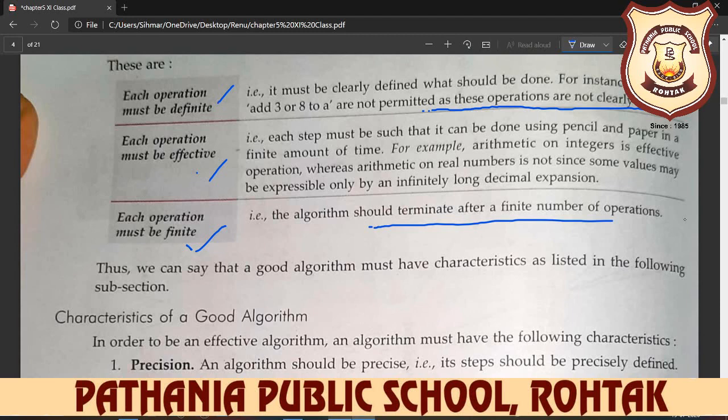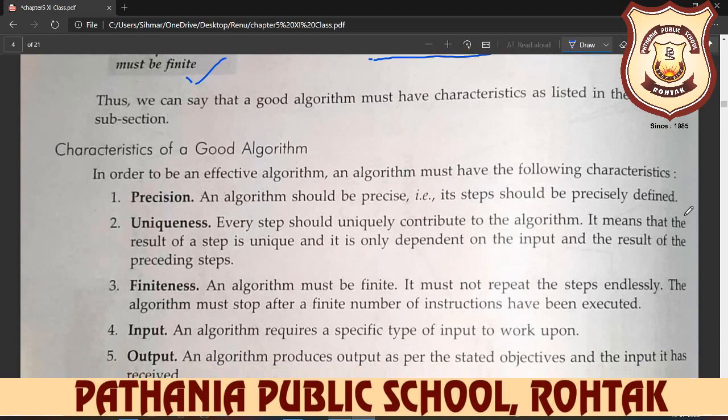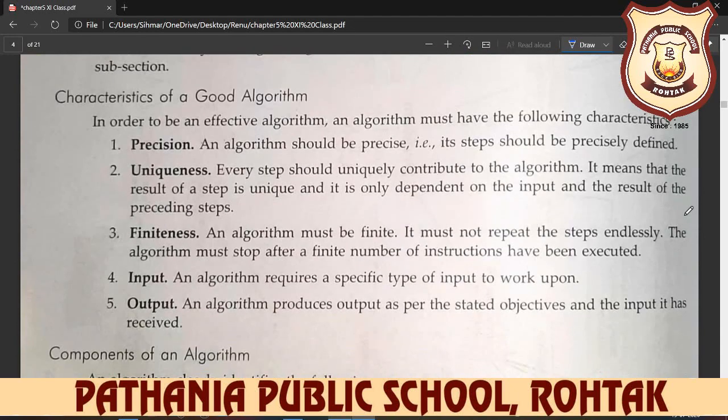Thus we can say that a good algorithm must have the characteristics listed in the following subsections. The characteristics of a good algorithm are: number 1, precision; number 2, uniqueness; then finiteness, input, and output.